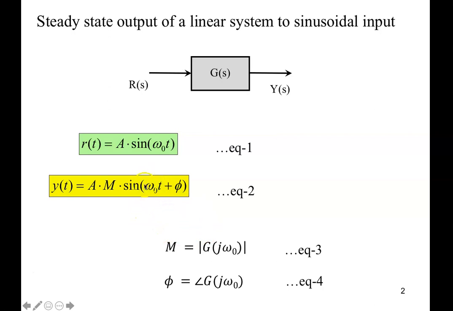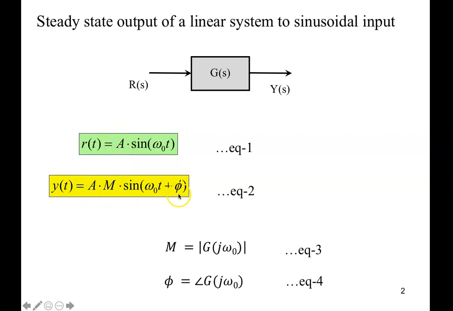You can see here the coefficient of t is the same omega naught, but the amplitude will be modified by a factor of M. So the amplitude of the output response in steady state is no longer the same as A, but some value of A times M.